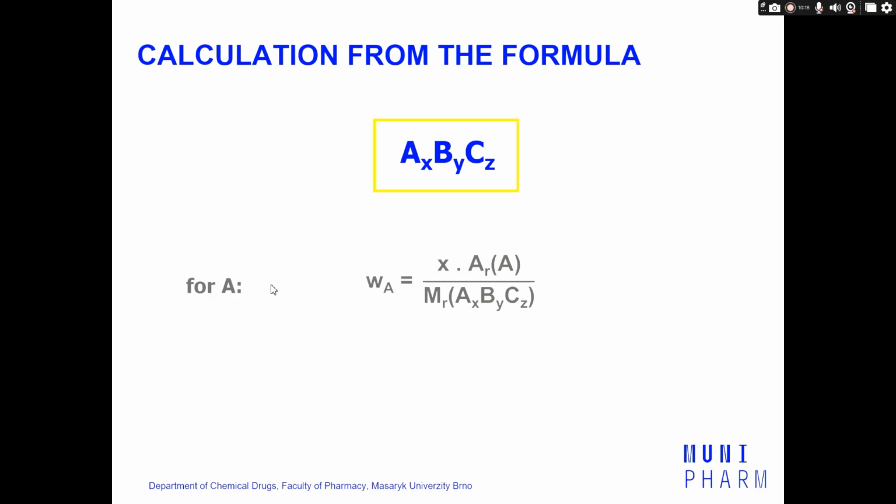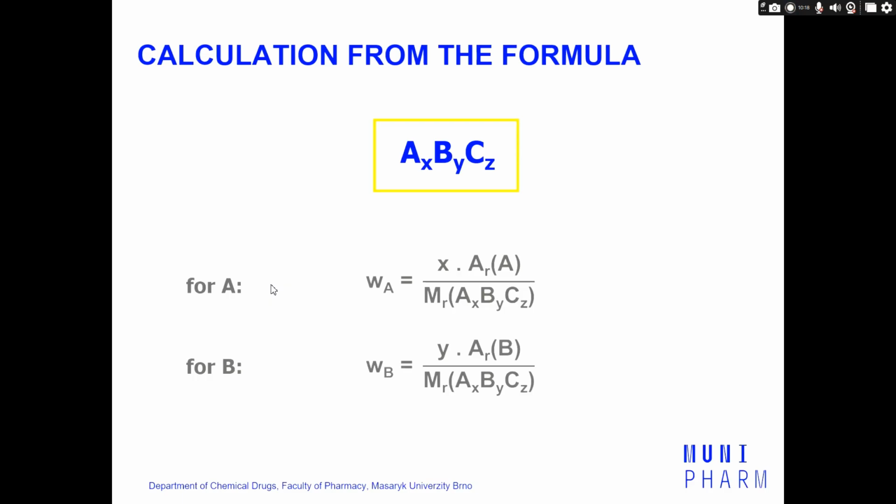In the chemical formula, X is the coefficient that tells us how many times the element A is present in a compound. Then, for the calculation, in the fraction it will look like this. In the dividend, there is the atomic relative mass of the element A multiplied by the coefficient X, and in the divisor, there is the molecular relative mass of the whole compound. In the same way, we'll set the fraction for the other elements.